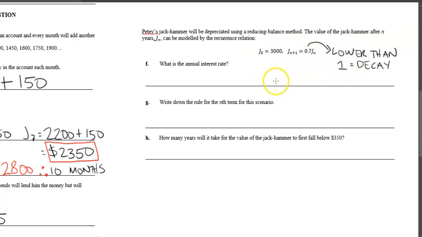So what is the annual interest rate? So the annual interest rate in this case is we're trying to figure out how much this is going down by. So there are different methods in obtaining this. What I usually do is I'll take that r value and I subtract that from 1. Then with this 0.3, I multiply it by 100.